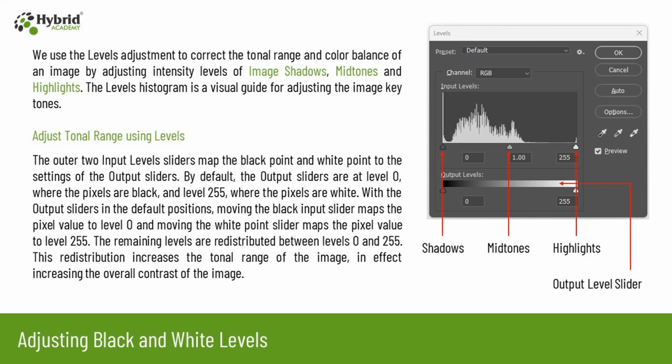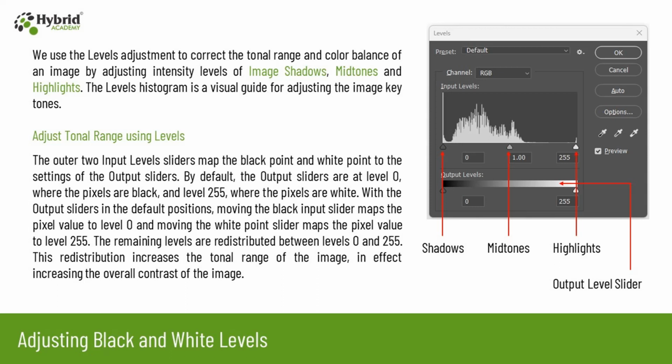With the output slider in the default positions, moving the black input slider maps the pixel value to level 0 and moving the white point maps the pixel value to level 255. The remaining levels are distributed between the levels 0 and 255. This redistribution increases the tonal range of the image, in effect increasing the overall contrast of the image.